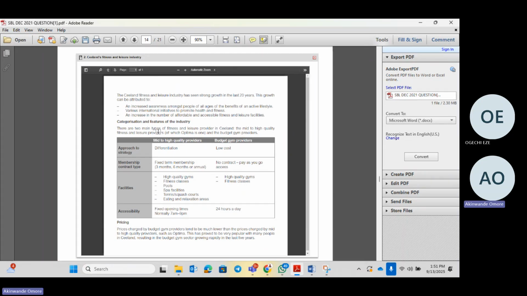Pay as you go access. Look at the features, approaches to strategy.